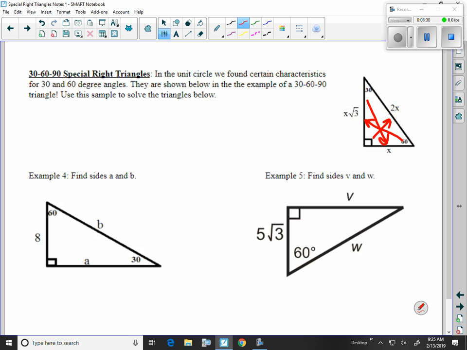Okay, so if we look at example 4, which side are we given? X, because it's across from the 30-degree angle. So we know x is 8. What side is b? 2x, because it's across from 90.